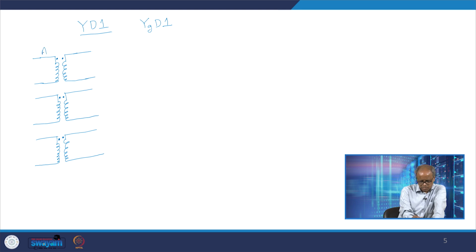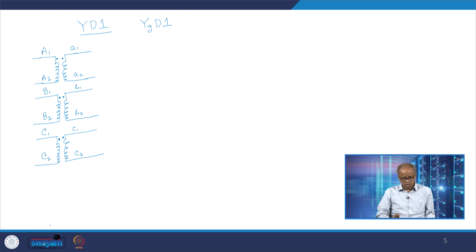So again we mark the same terminals: A1, A2, B1, B2, capital C1, capital C2, then small a1, small a2, small b1, small b2, small c1, small c2. Now we have to make the connection.